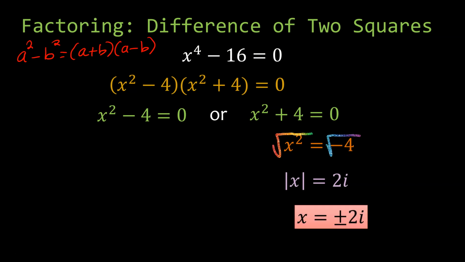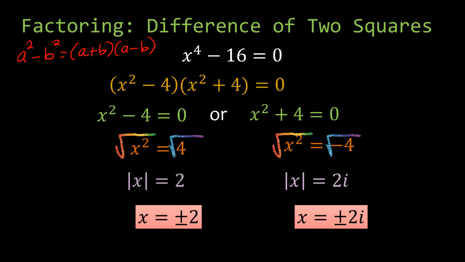So x is either plus or minus 2i. If x squared minus 4 is 0, then x squared is equal to 4. Square root both sides. Absolute value of x is 2. So x is plus or minus 2. Again, x to the 4th power, I have 4 solutions, and things look good.